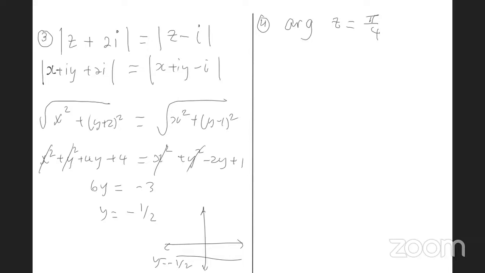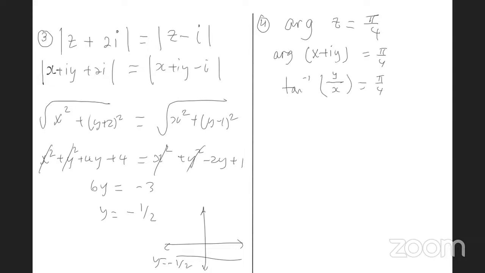All right, so let's see what you came up with. Let's see how we're doing this. Good job, Keelan. All right. Oh, sorry, let me write one line before that. Argument of z, x plus iy, is equal to pi on 4. And we know that argument is equal to tan inverse of the imaginary over the real, right?